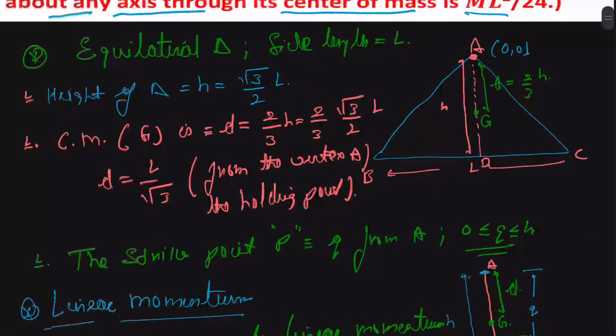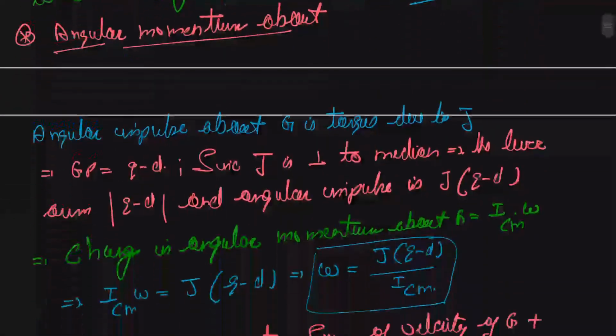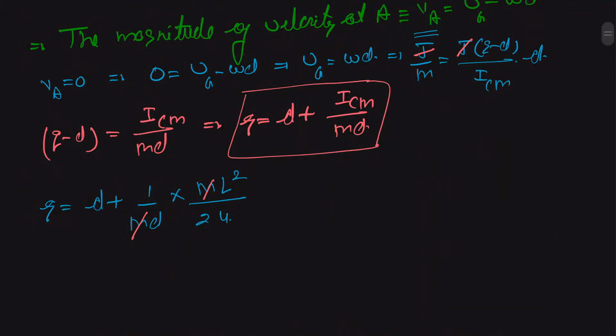So d is equal to L by square root of 3. We substitute it here, and we get L upon square root of 3 plus 1 upon L square root of 3 multiplied by L square, and this is 24.